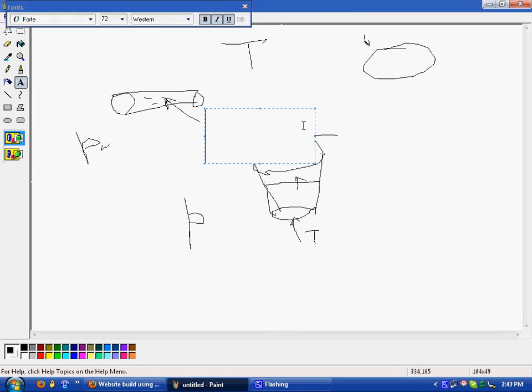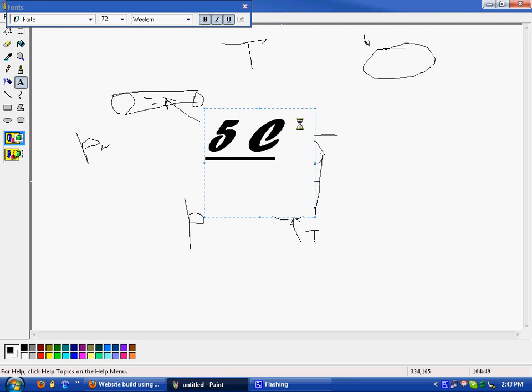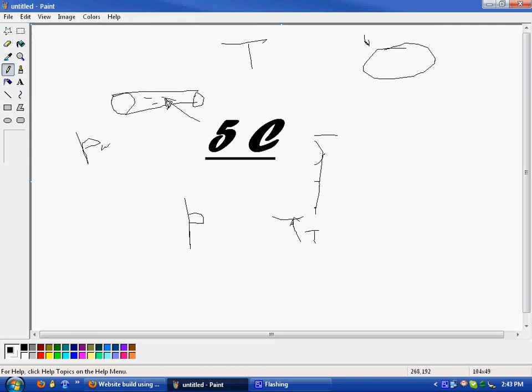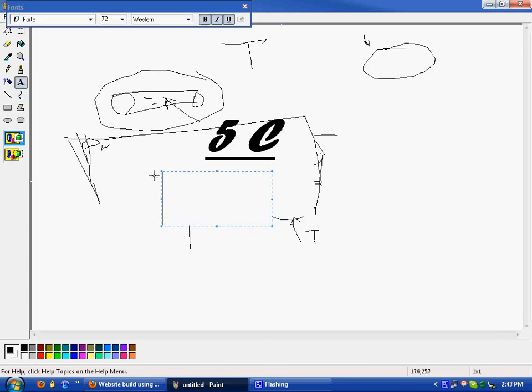Let us say room temperature is approximately 25 degrees centigrade, or let's take it as a summer condition, approximately 40 degrees centigrade.